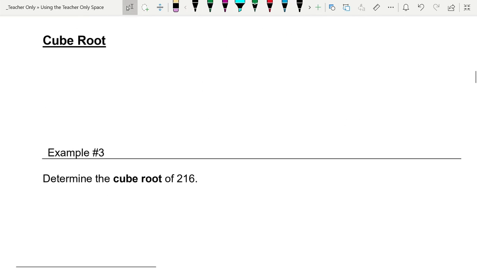Cube root. The cube root looks like that for a symbol.